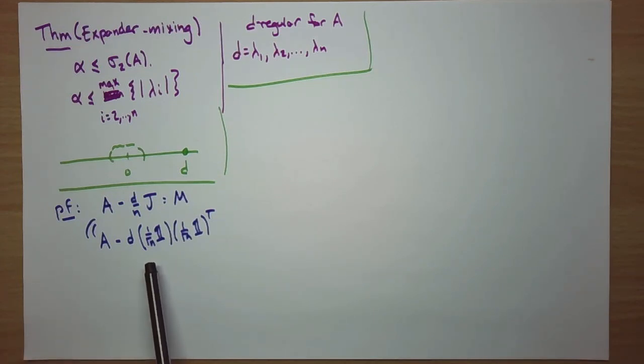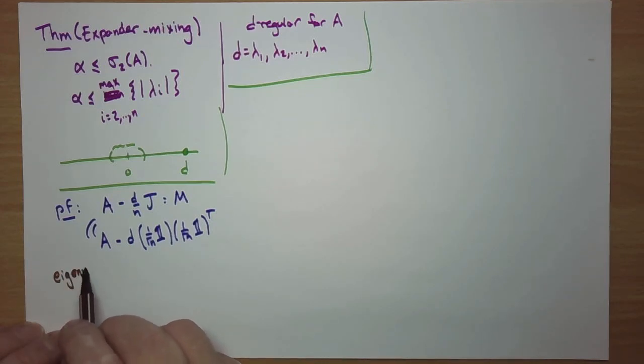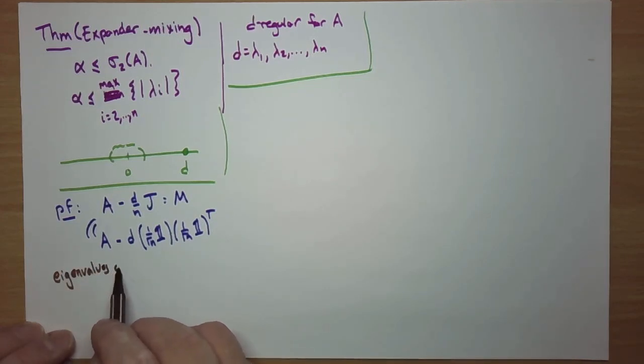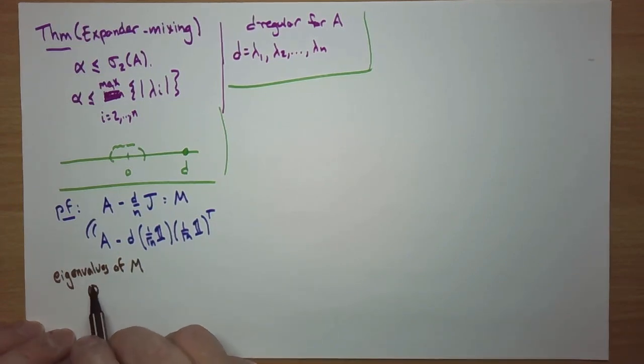Everything else is perpendicular. True. A times the all ones vector gives you d times it, and then subtracting, you get 0. So you get the eigenvalues of A, except for d, which is now 0. So the eigenvalues of M will be 0, lambda 2, up to lambda n.